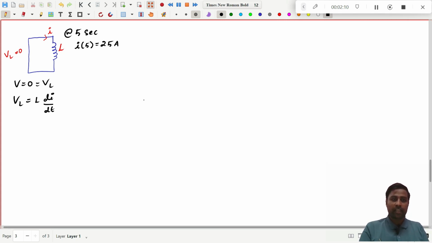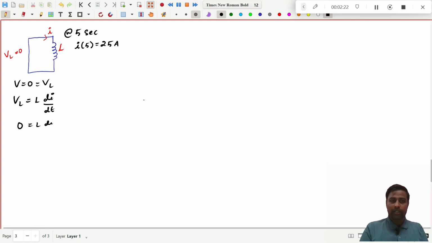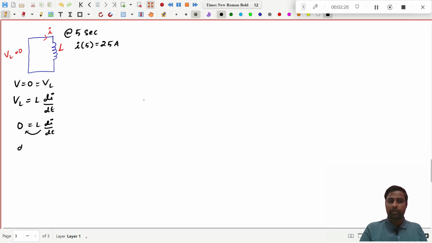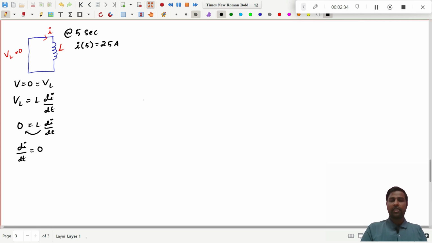So at 5 seconds, I have short circuited the inductor, and the voltage across the inductor becomes 0. Taking this expression, VL becomes 0, which is equal to L into di by dt, and if this L comes to the left hand side, that also becomes 0, and finally we are getting the expression di by dt is equal to 0.